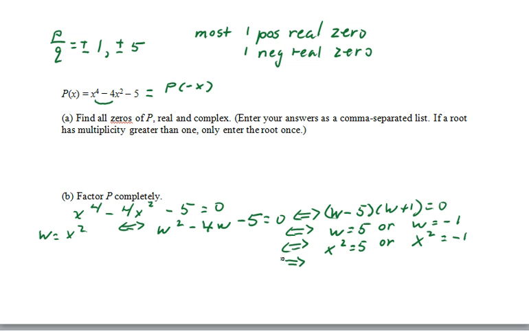So here we're going to get x equals plus or minus the square root of 5, and there are our two irrational zeros, one positive and one negative, or x equals plus or minus the square root of negative 1, which is plus or minus i. So we have our zeros.